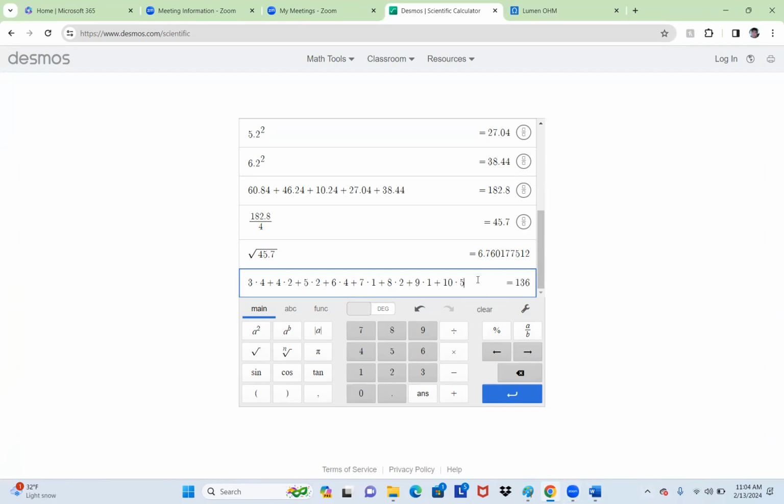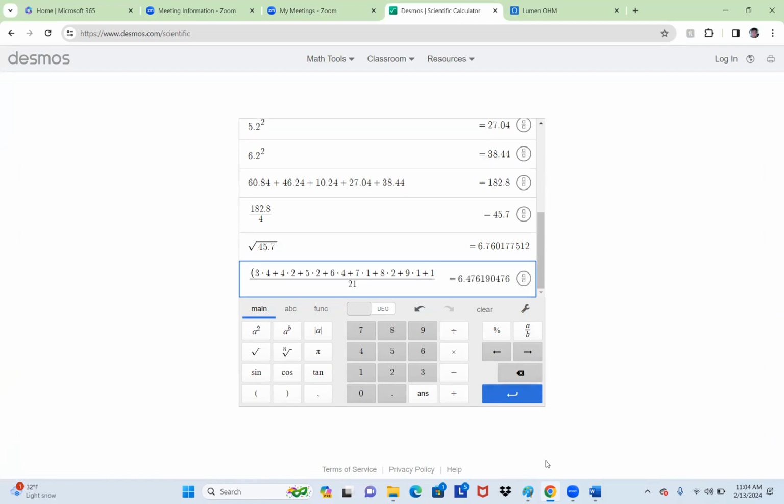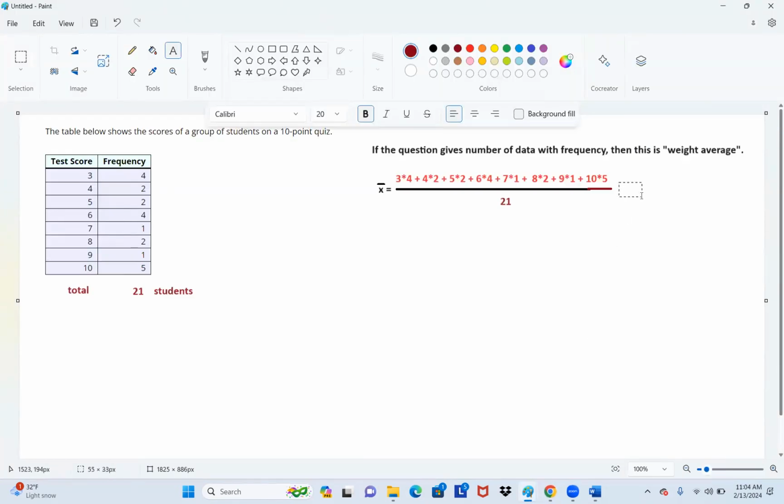So we have 136, and then we divide it by 21. So we have the answer of 6.47. Are we good? Any question?